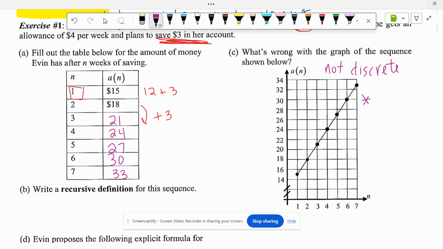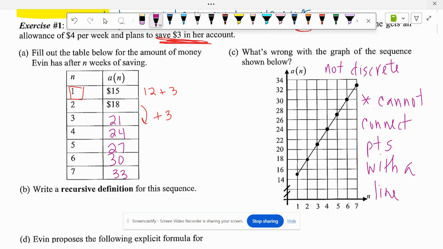And then I'm going to put a little star and say that we cannot connect the points with a line. If we connect the points with a line, then we're not using natural numbers as our input values, 1, 2, 3, 4, 5, right? We're using decimals and fractions.